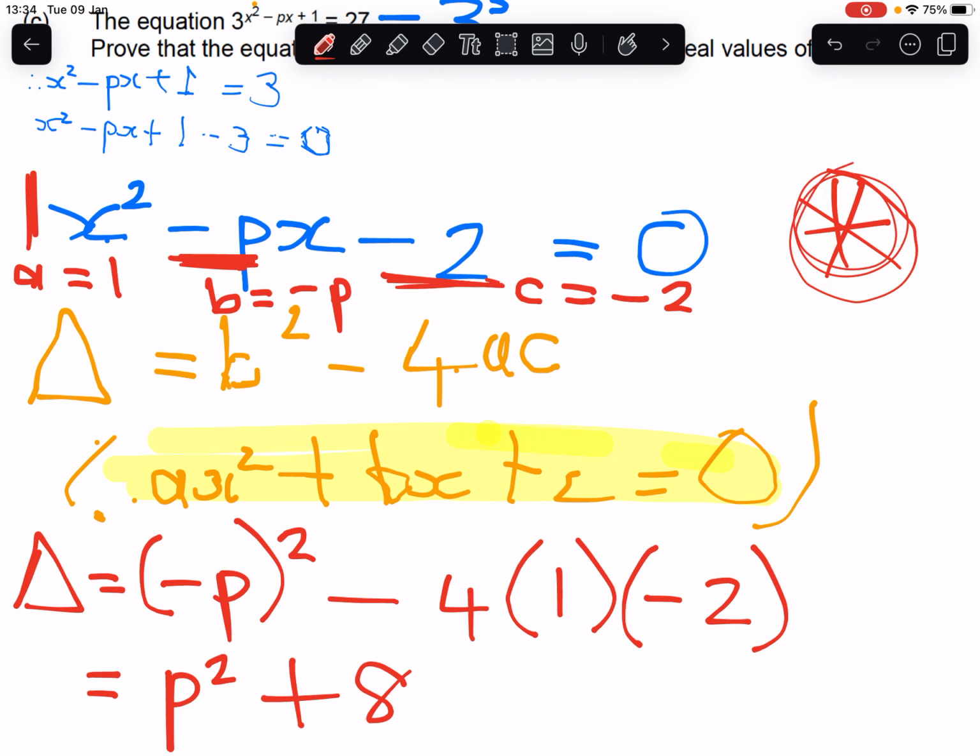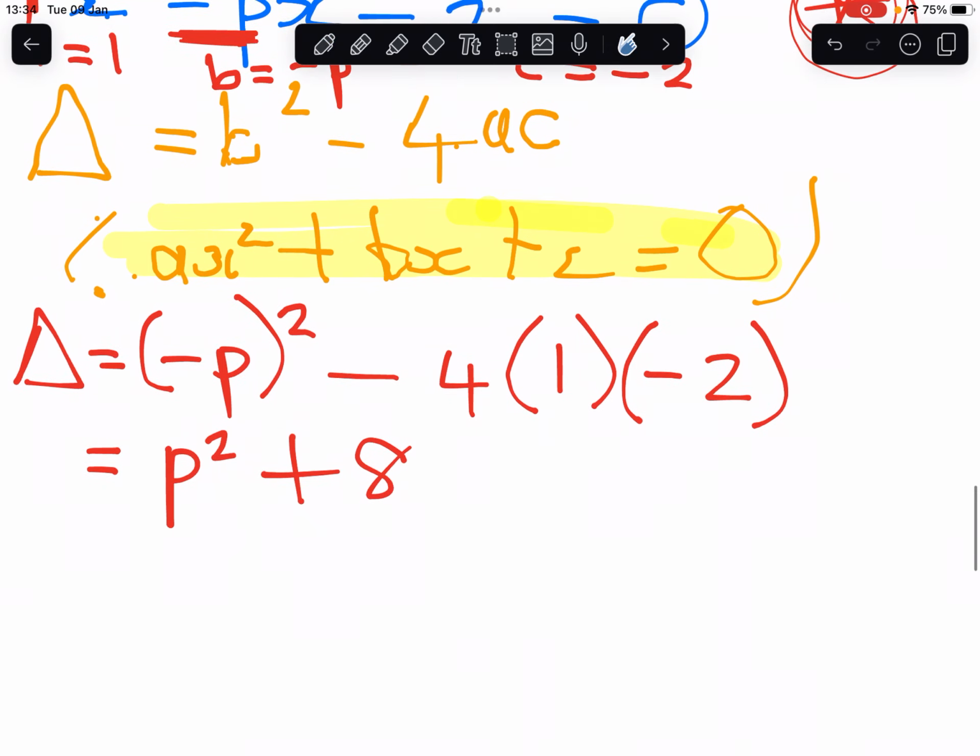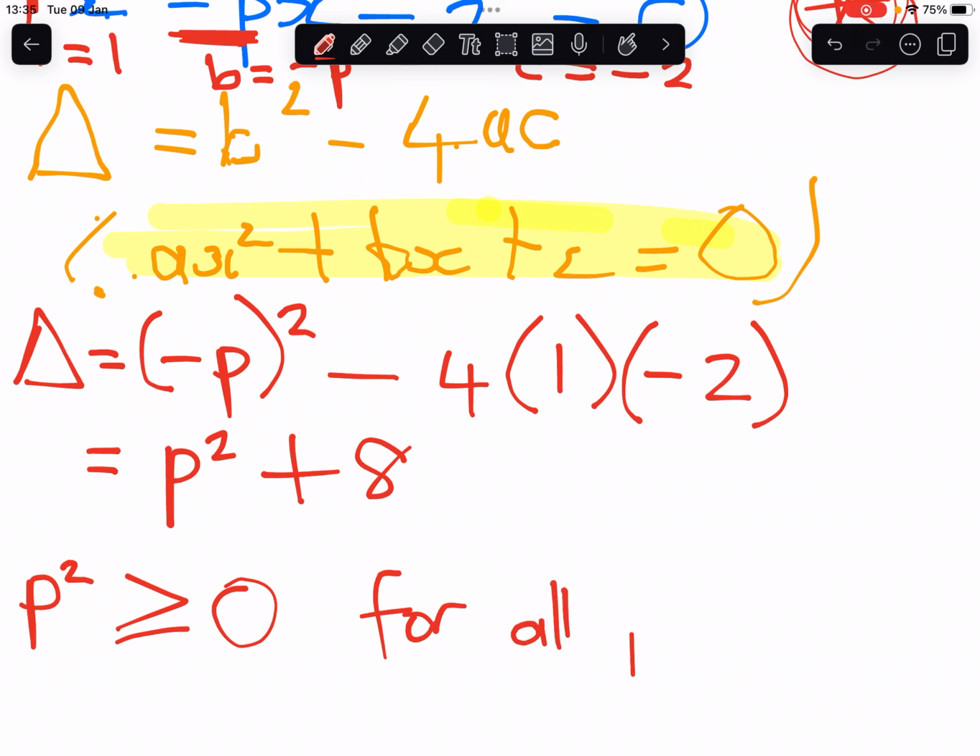Now, what does this discriminant tell us? Okay, the first important thing is that we know that p squared is greater than or equal to 0 for all p, all real numbers. No matter what number you put in there, when you square a number, if you square a positive number, we get a positive result.